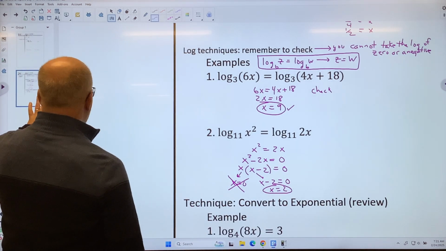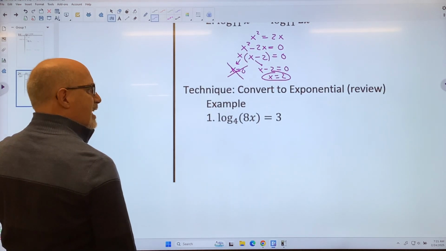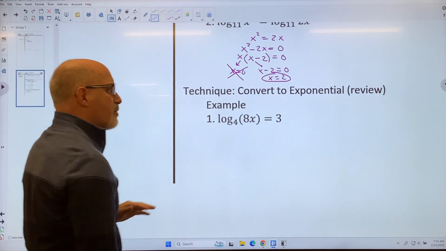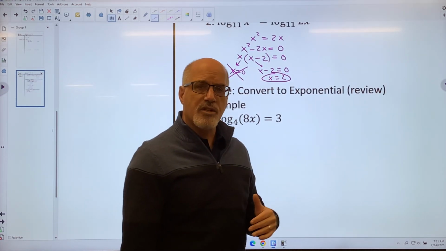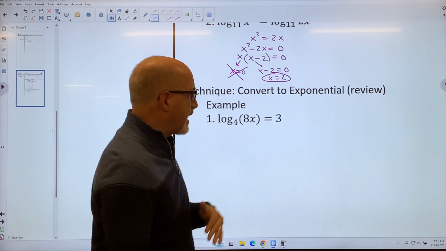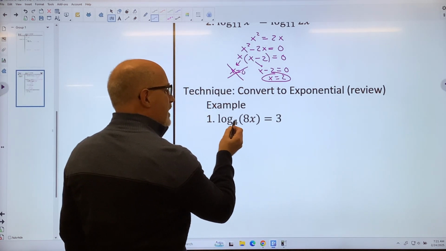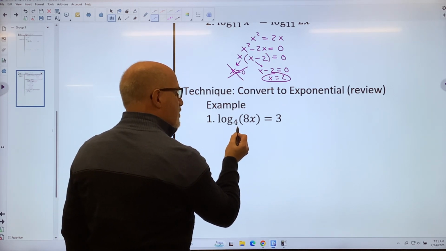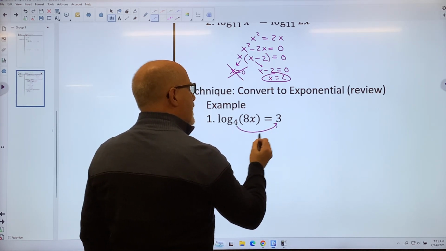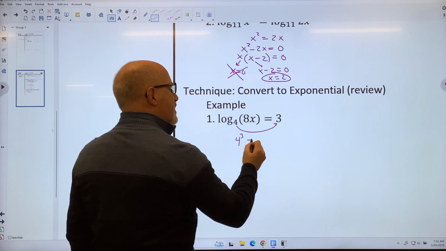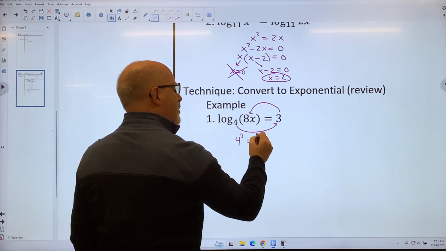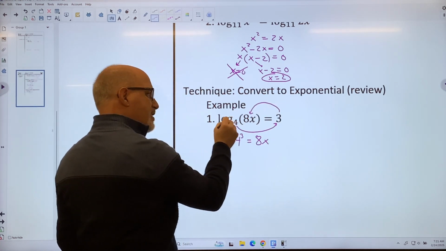All right, last one, let's just review the technique that we've already used, which was converting to an exponential. So this is our second technique. On this one, when you've got a log equal to a number, we can just go ahead and use our circle tool and go 4 to the 3rd power is equal to 8x. So remember that this is called the base.